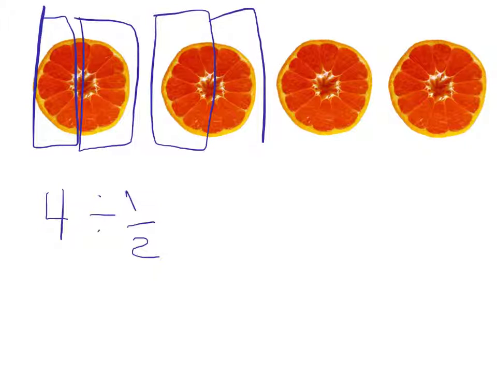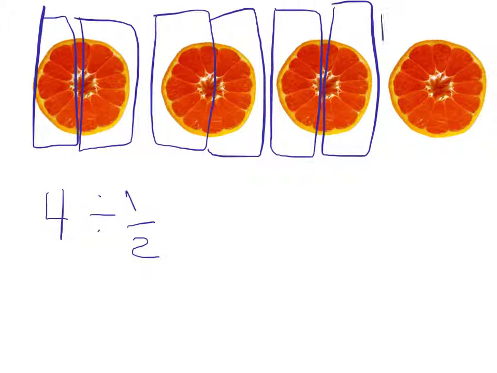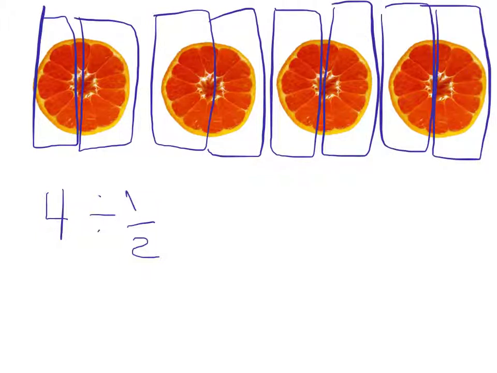Here's half a grapefruit, here's another half a grapefruit, and again, and again, and again, and one more. Okay, so if we count up all these halves, we have 1, 2, 3, 4, 5, 6, 7, 8. So 4 divided by 1/2, 8.